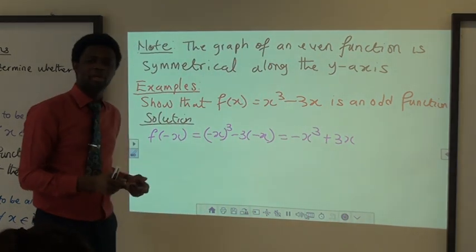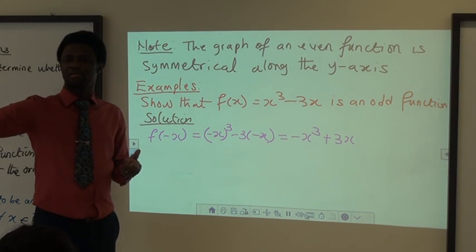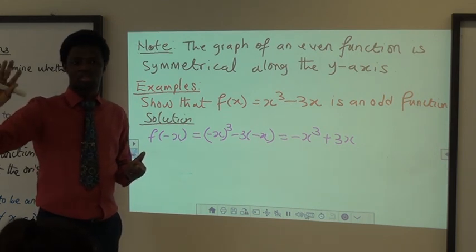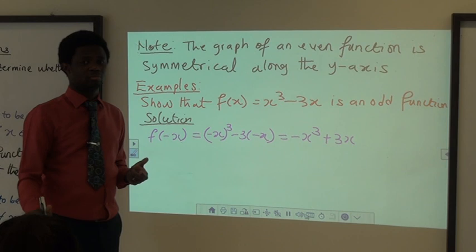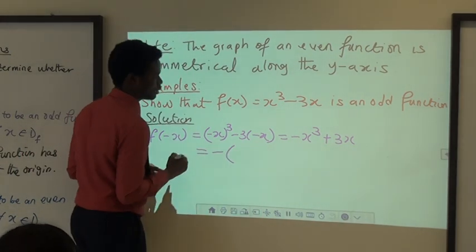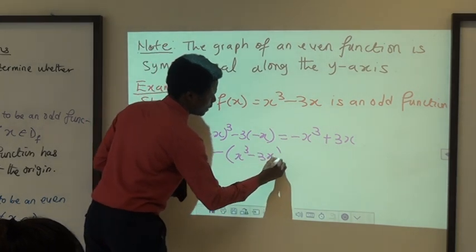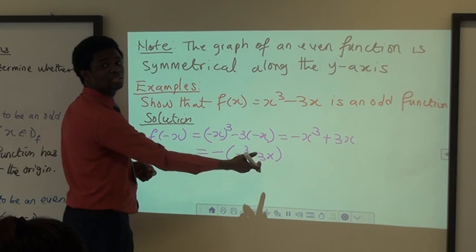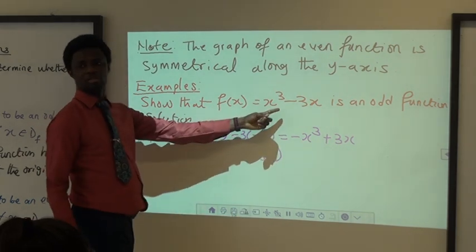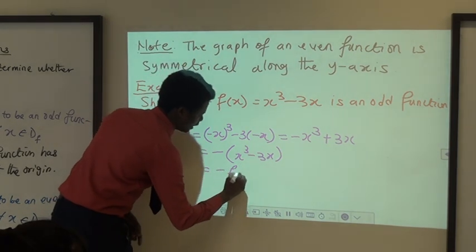Your goal is to be able to factorize the minus such that everything that remains as the second factor is your original function. Is that possible here? Of course. When minus is factorized, what do we have left? x cubed minus 3x. And what is the content of this bracket? The original function. So which means negative f of x.